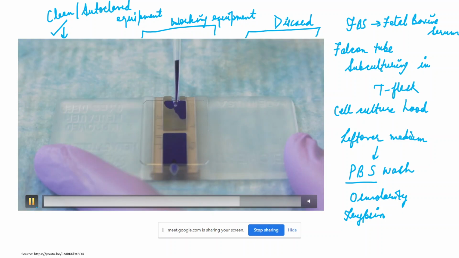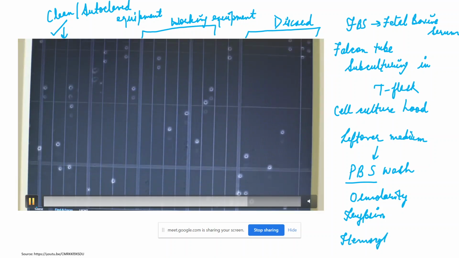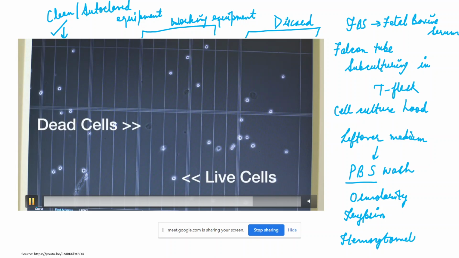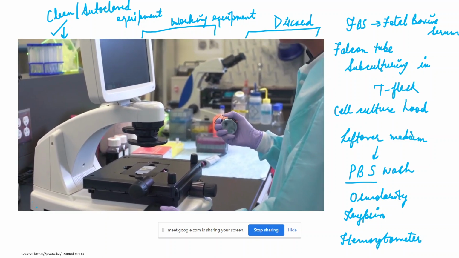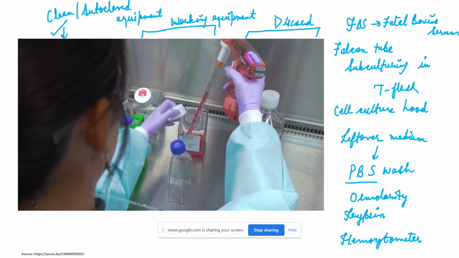Now she has taken some amount, and this is something called a hemocytometer. We'll discuss this in detail in future classes. A hemocytometer is used to count cells. As you can see here, there were some dead cells and some live cells.